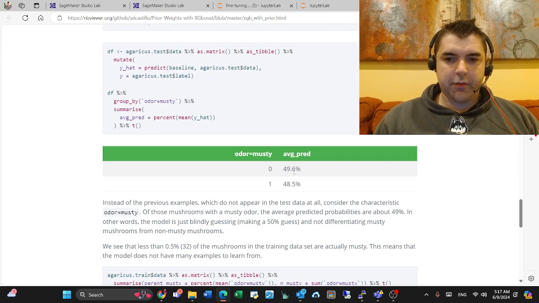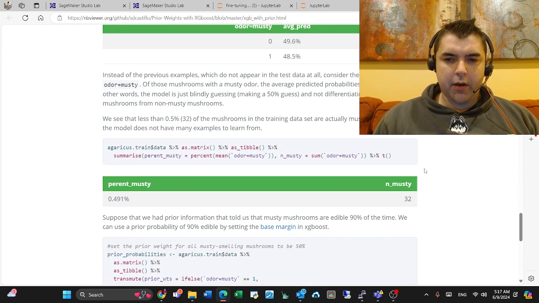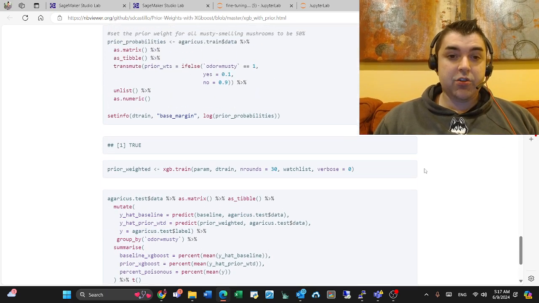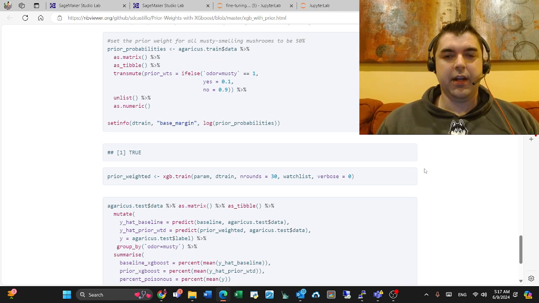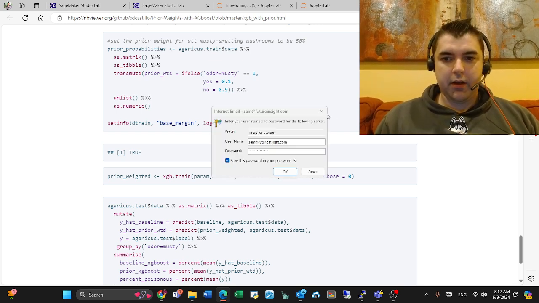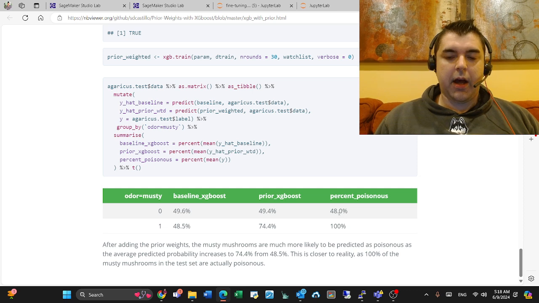It's like 49%, 48%, and then I retrained it, or did continuous training. Continued training is also what it's called, or fine tuning. And then you get to a higher percentage.